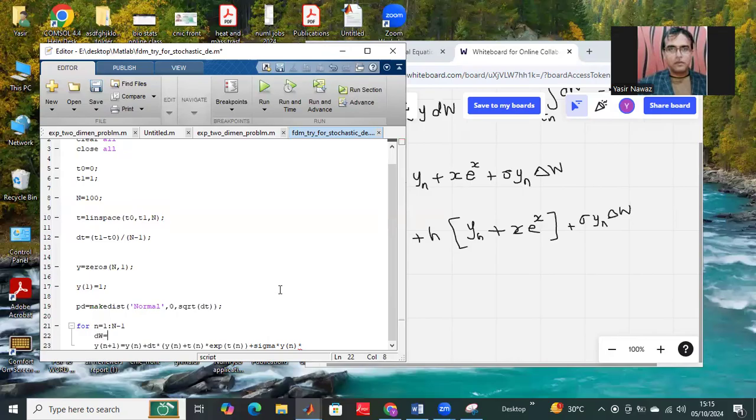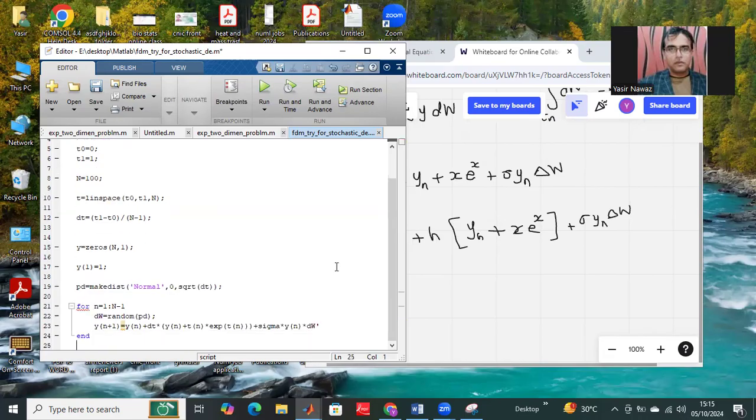So dW is random, the normal distribution. Then I end the loop and plot y.